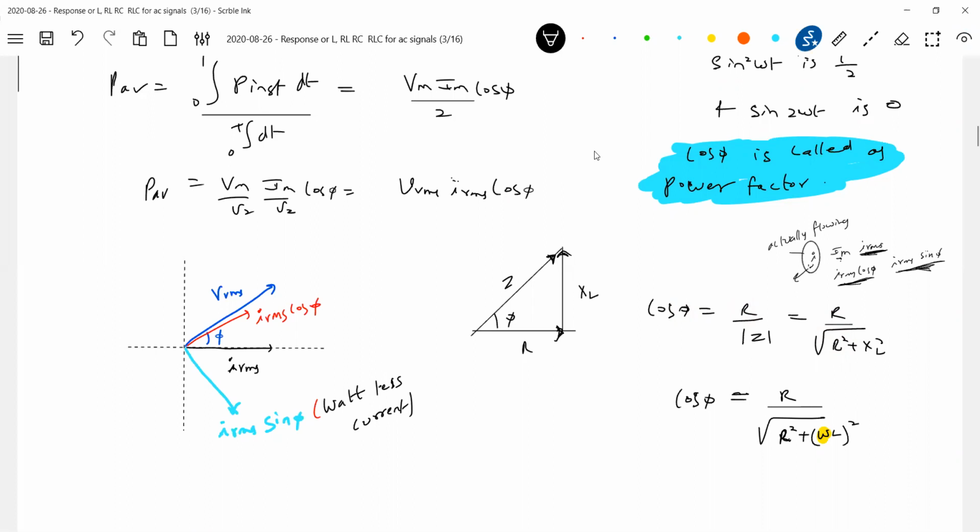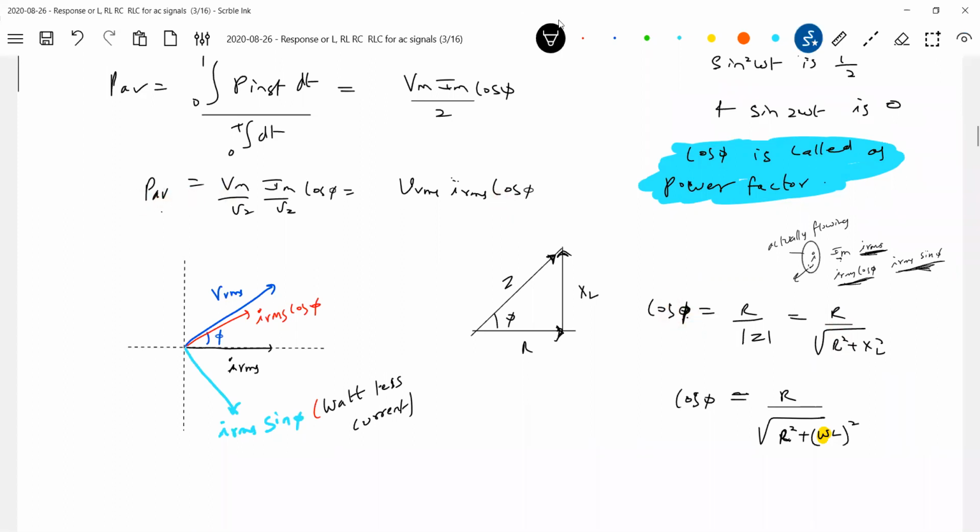The phase angle should be equal to 90 degrees. So what is the power? 0. So can I explain now why for the same inductor or capacitor, the power dissipation is 0? The reason is that X_L is non-zero. In a pure inductive circuit, X_L is non-zero. What about R? R will be 0. 0 by anything will be 0. So phi should be 90 degrees. Cos phi will be 0. Power will be 0.